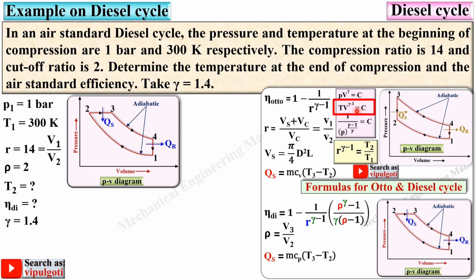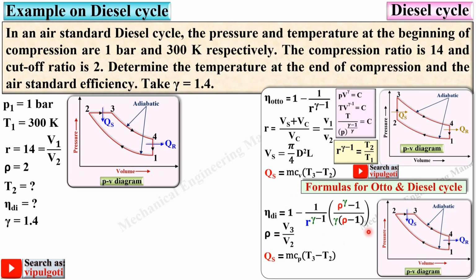And I can use the second equation because you have the ratio of the V1 upon V2 and you have the temperature T1. So I can use this equation for the process 1, 2 so that I will get the T2 first. And then again I can use this equation for the efficiency of diesel cycle, because you have the cutoff ratio, you have the compression ratio, you have the gamma also. So this is the simple plan for this problem.